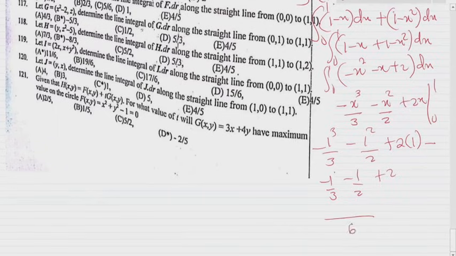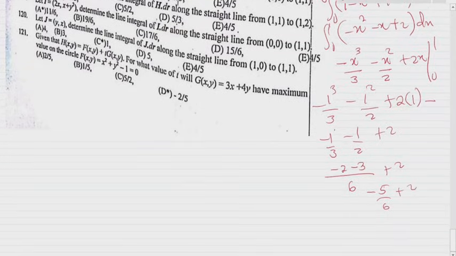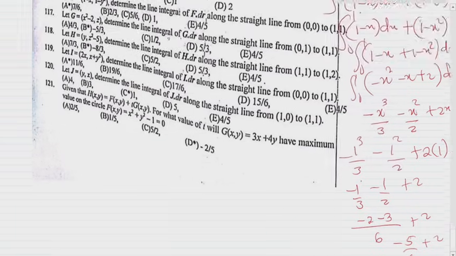You find this 6: minus 2 minus 3 plus 2. That's minus 5 over 6 plus 2. 2 is plus 12 divided by 6. So that will be minus 5 plus 12 divided by 6. Minus 5 plus 12 is 7. So the answer is 7 over 6 for the first one.